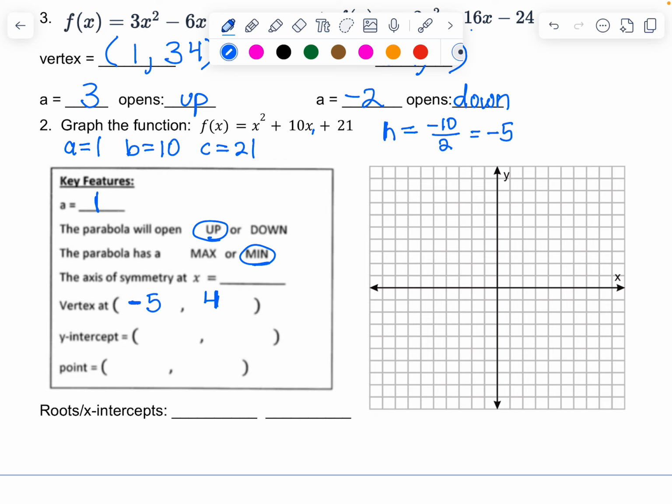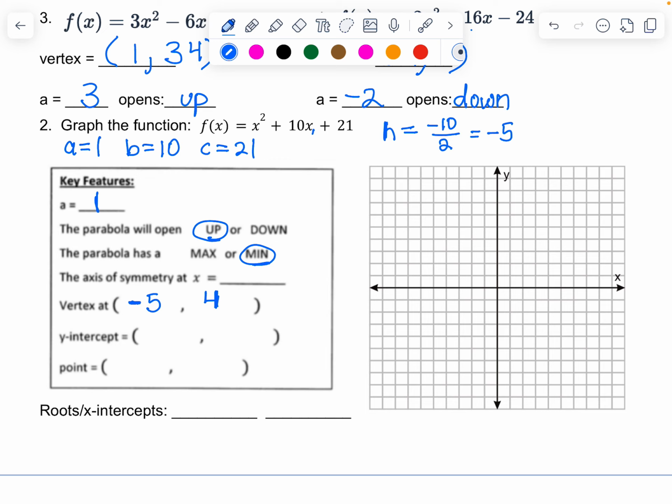So our vertex is at, is it 4 or -4? Ooh, I wrote something wrong. Did you get -5/4 or -5, -4? I believe it should be -5.